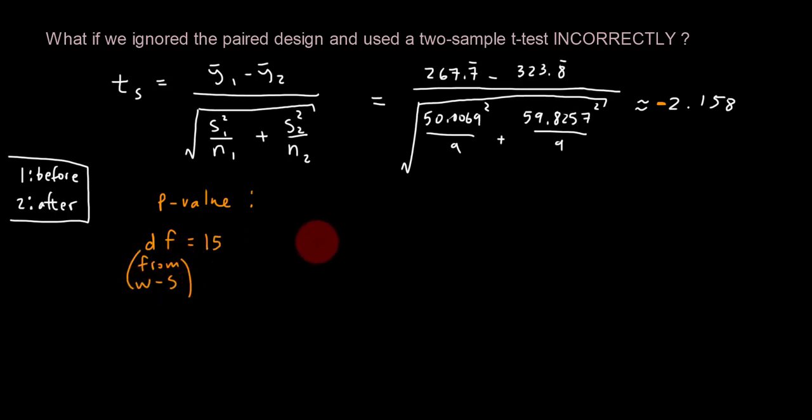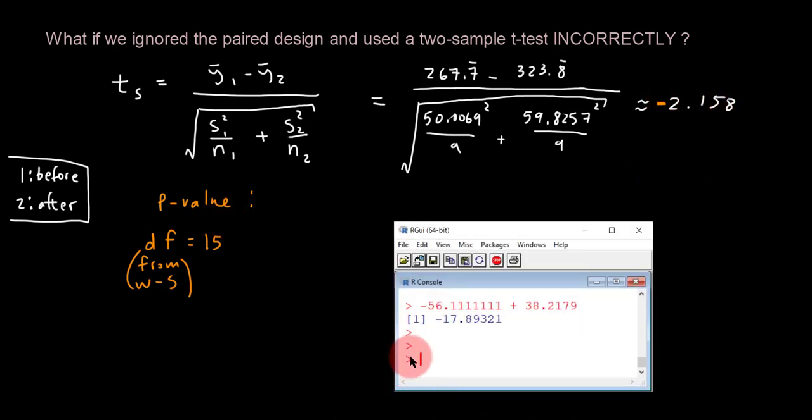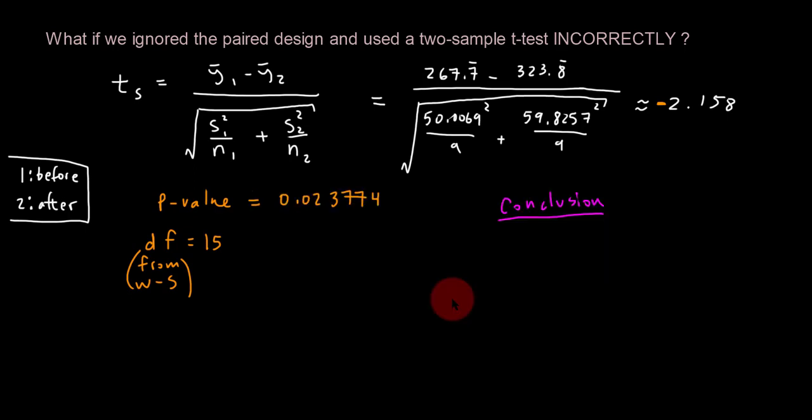Now I'm going to use R to calculate this p-value. I'm going to use the pt function, negative 2.158, comma 15. I do not need to double it because this was a one-sided directional alternative hypothesis. And we get 0.0237. Now we are ready to state our conclusion by using that p-value.